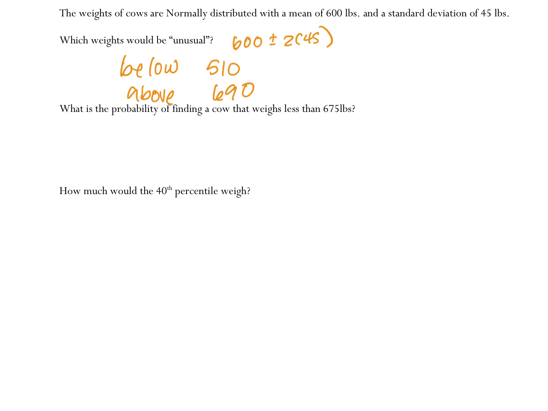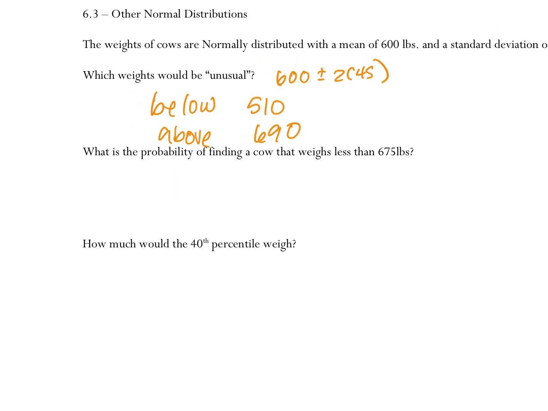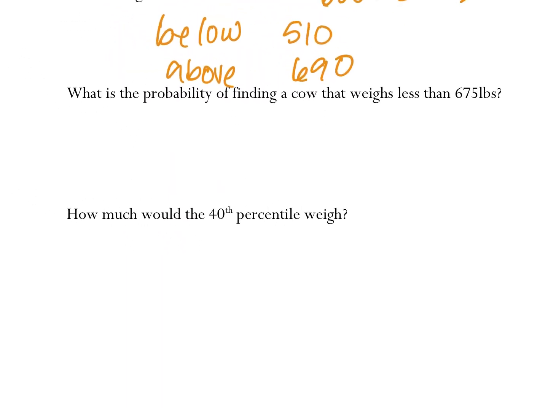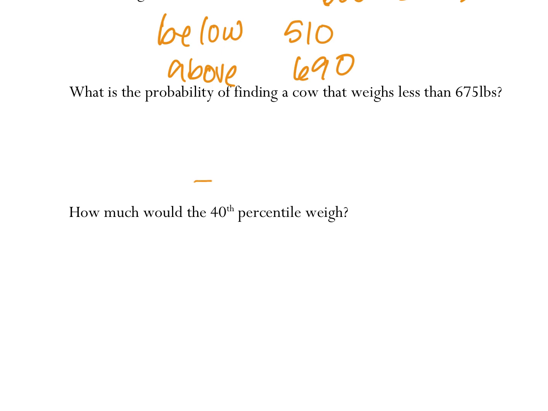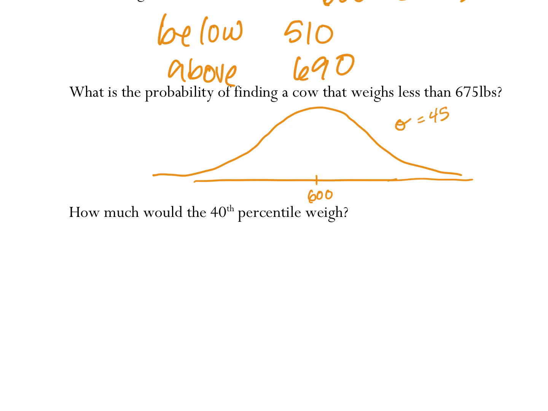What is the probability that a cow weighs less than 675 pounds? So I'm going to draw it normally distributed, because I was told that it was normal with a mean of 600 and a standard deviation of 45.